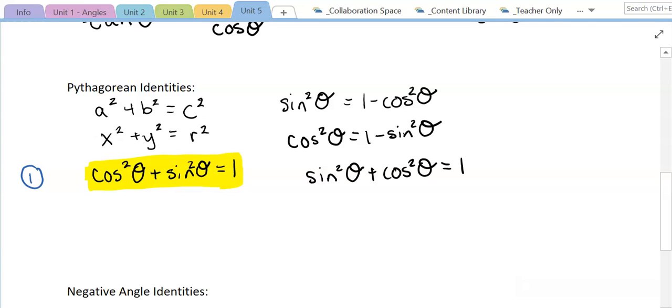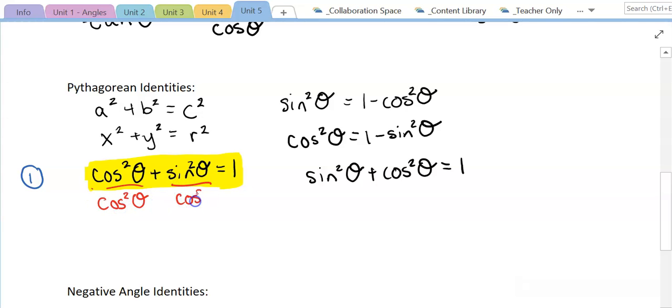And the reason we would want this is, let's say we have an identity problem, and instead of having sines and cosines, we have tangents and some other trig identity. So we know that tangent is sine divided by cosine. So tangent squared can be sine squared divided by cosine squared. So if we divided every single term here, sorry, not by sine, we want to divide every single term here by cosine squared.